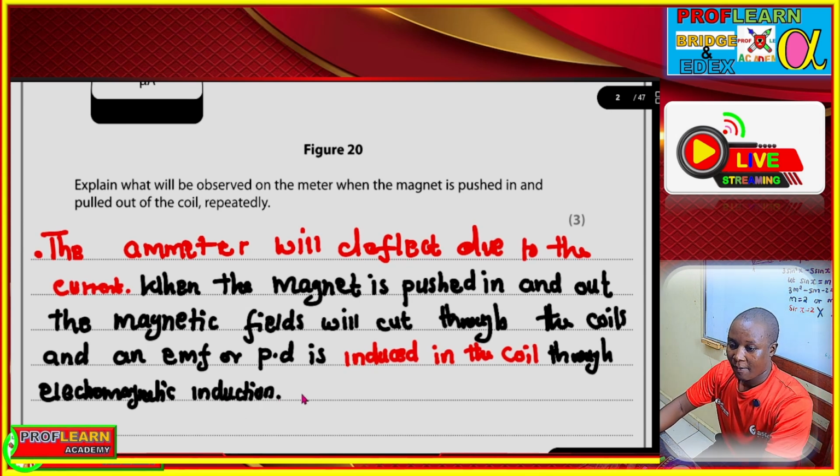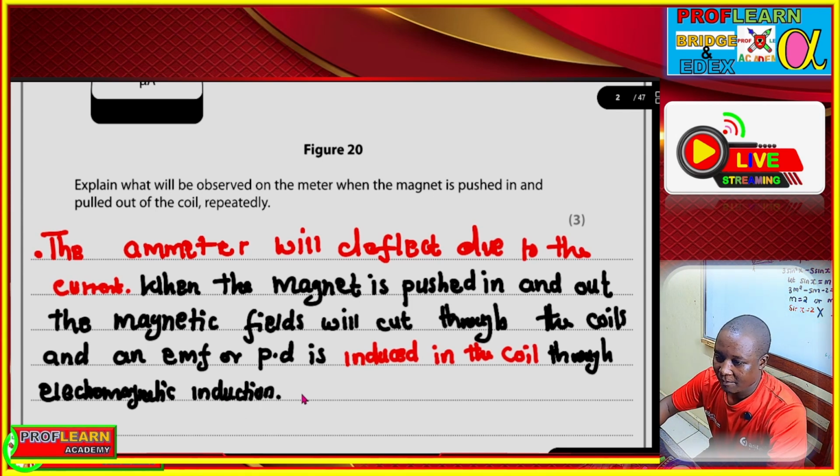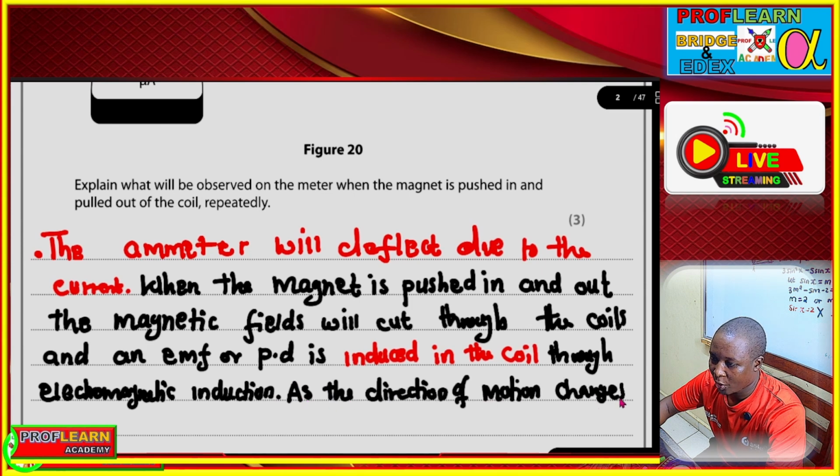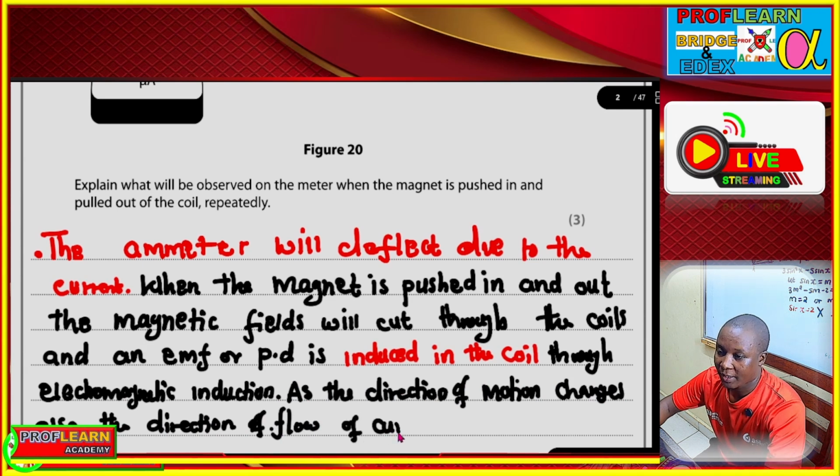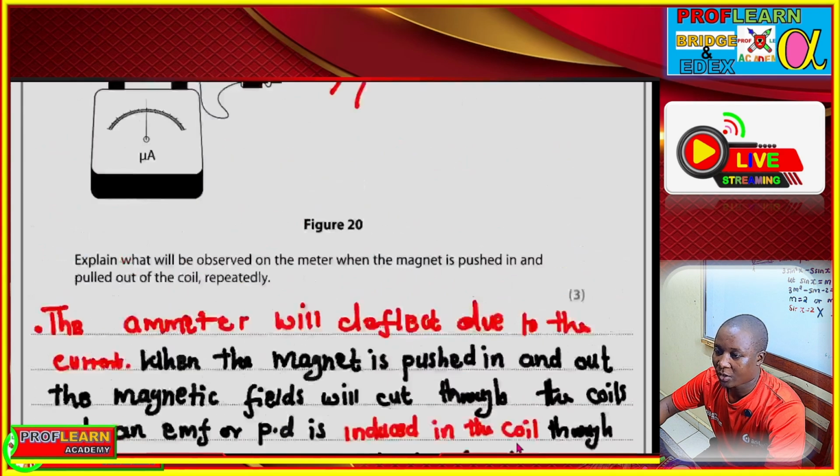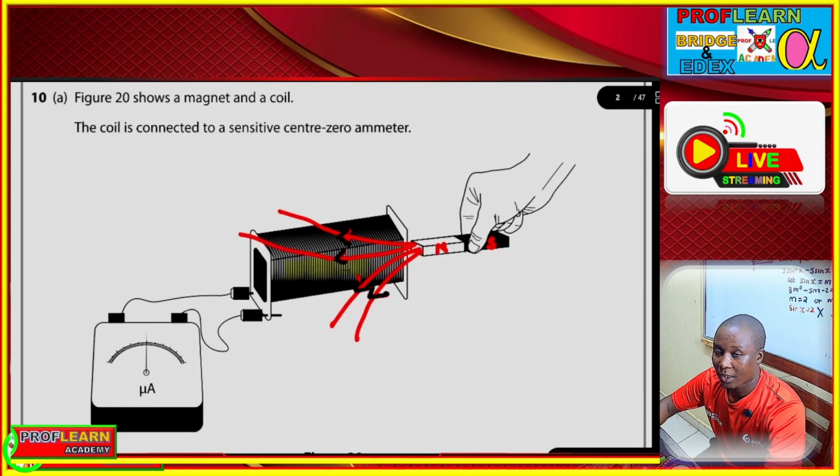So that's why I need to add a statement here and say that as the direction of the motion of the magnet changes, the direction of the current also changes. That's what we are supposed to do in this particular question.